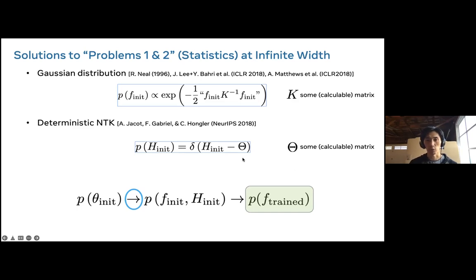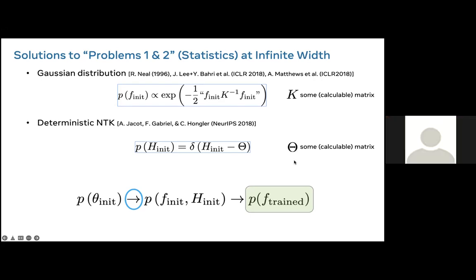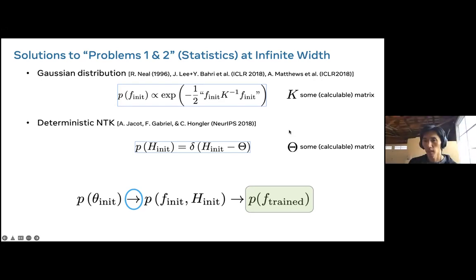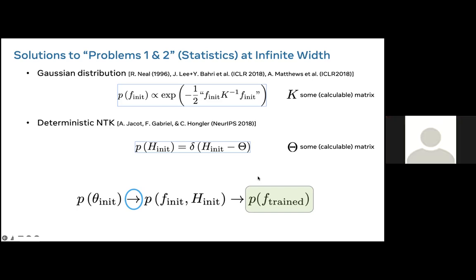And this is just a fancy way of saying that each time you draw the model parameters, you basically get the same number or the same matrix again and again for the NTK at the infinite width limit. So it's just picking a single value. Theta, capital Theta, is usually the way people denote the NTK, and this is again some calculable matrix that's recursively specified.